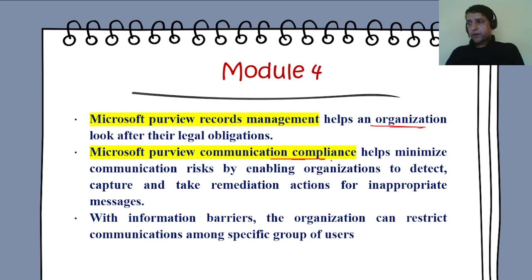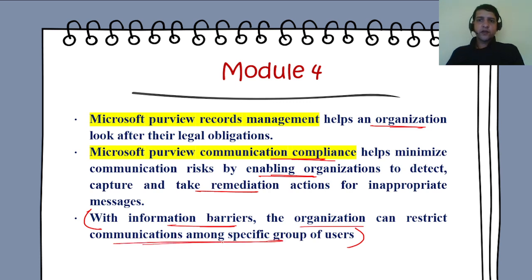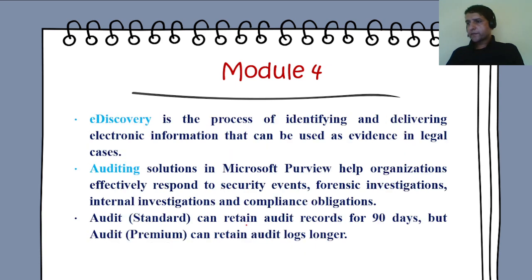Purview Communication Compliance helps minimize communication risk by enabling organizations to detect, capture, and take remediation action for inappropriate messages. With information barriers, the organization can restrict communication among specific groups of users. Yes, there was a question based on this term. Exactly, if we remember this, we'll be able to answer that question.